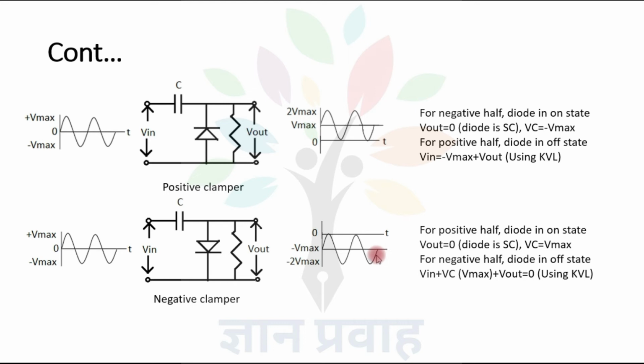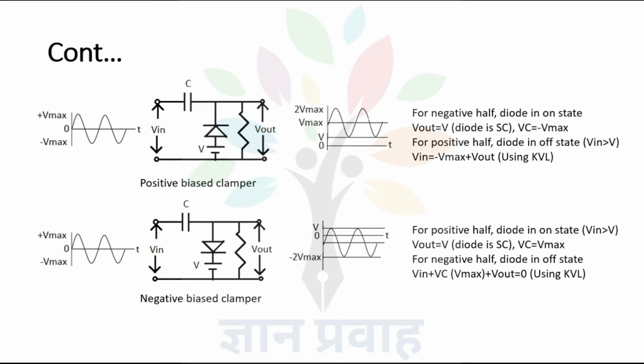Here the level is shifted from 0 to minus twice Vmax. The nature of the waveform is not changed. What is changed here is the level: here the levels are minus Vmax to plus Vmax, and here the levels are minus twice Vmax to 0.